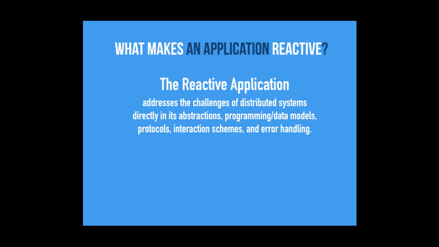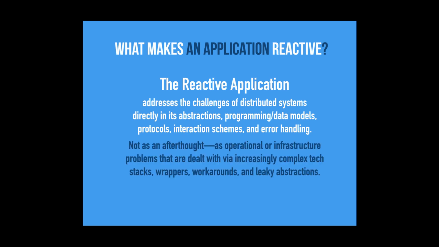You can argue that the most important thing is that it addresses the challenges of distributed systems directly in the abstractions, directly in the programming and data models, in the protocols, how the different components communicate, which is really, really key, and not tackling it as an afterthought, not as operational or infrastructure problems that are dealt with by layering complexity on top of each other and ending up with a big ball of mud, but actually being honest and true about what distributed systems in the cloud is really all about, and encoding those constraints right into the programming model.